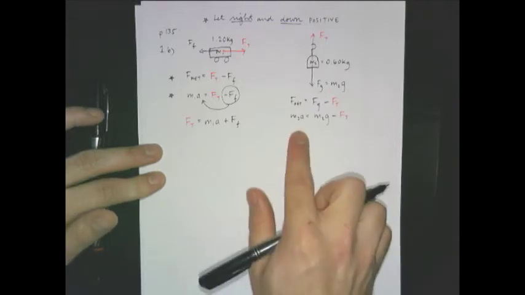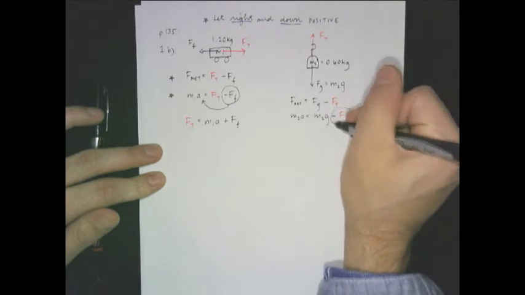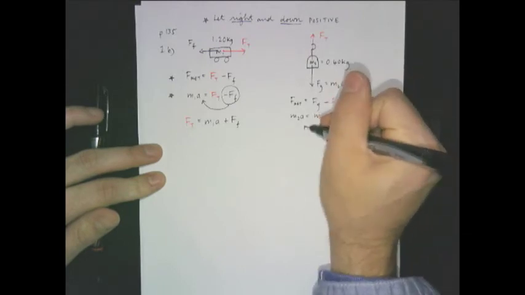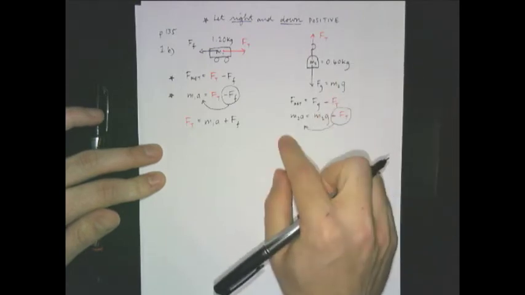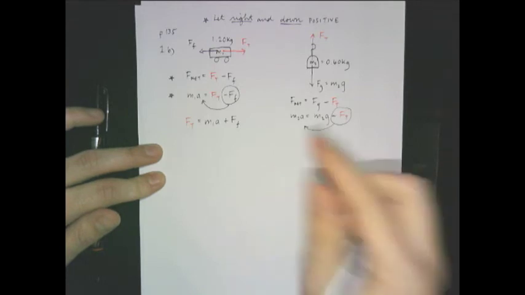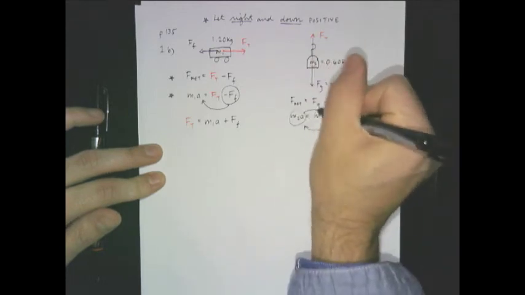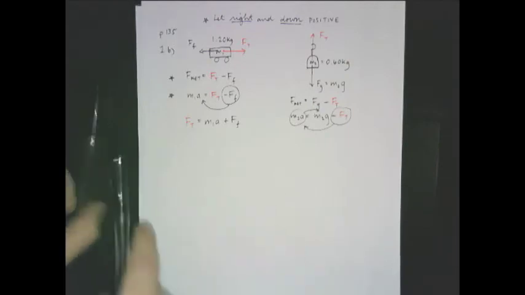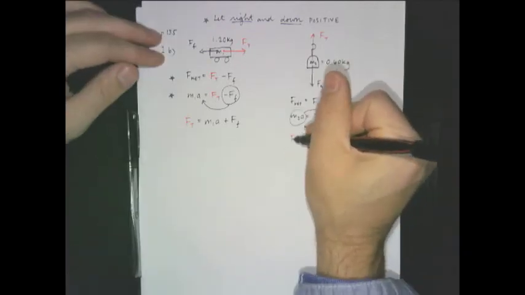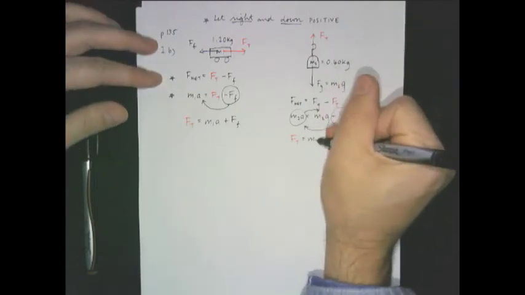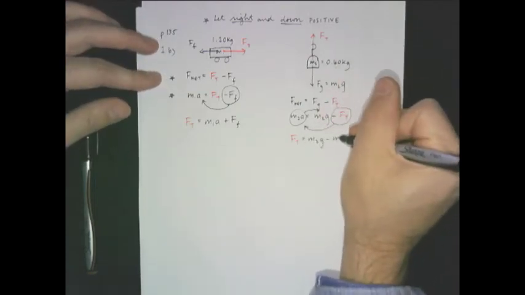For object 2, let's bring this negative tension over this side, because when we bring it over the equal sign, it's going to become positive. And let's take this m2a and bring it on the other side. We end up with tension is equal to m2g minus m2a.